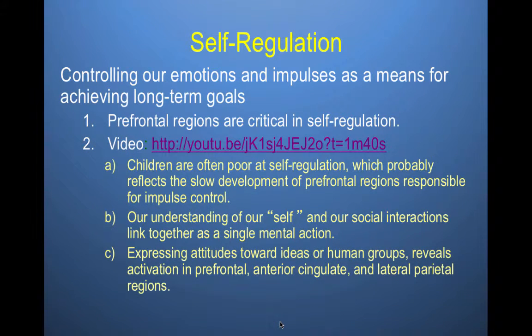So that video is a really nice example of the role of the prefrontal cortex regions in self-regulation. The relationship between self-regulation and behavior with respect to the frontal lobes is also demonstrated in children who are poor at self-regulation because they actually have not yet developed their prefrontal cortex.